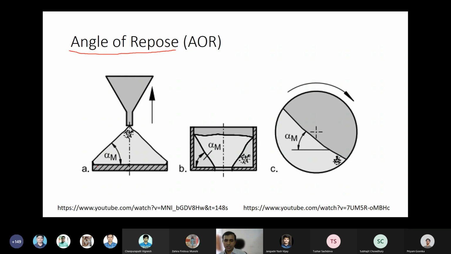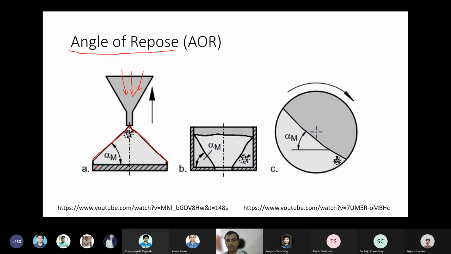You take a stationary plate or a surface, take a funnel and pour the solids. And we all know that unless the particles are very smooth spherical balls, the particles will always form a heap because of internal friction and interaction between the solid particles.